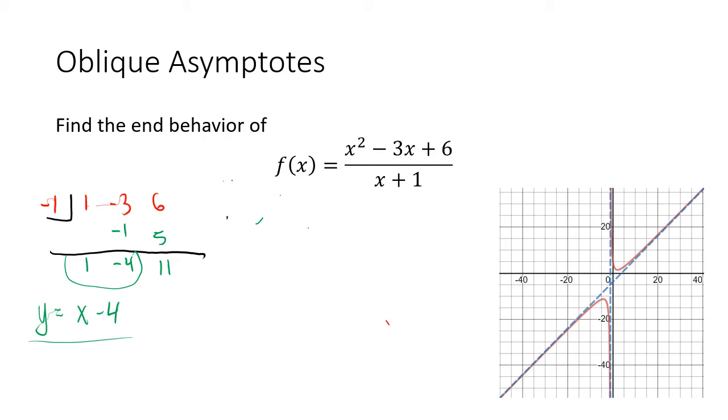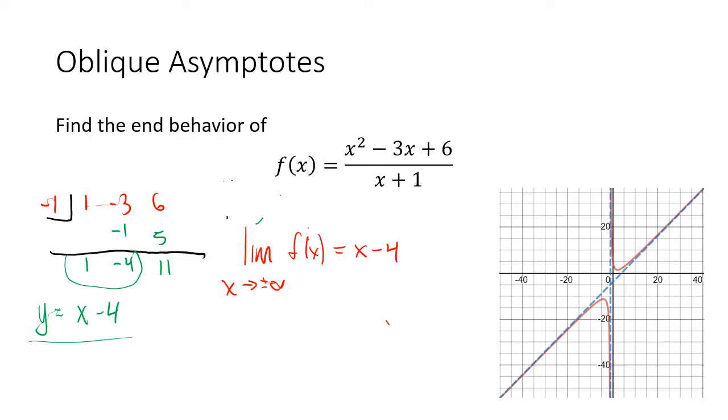But slant asymptote is kind of a narrow word. It doesn't describe all possible oblique asymptotes. In the next example, it's not at all a line, okay? Now, if you look at the notation I wrote on the previous slide, the limit as x approaches positive or negative infinity of f of x would suggest that it'd be x minus 4.